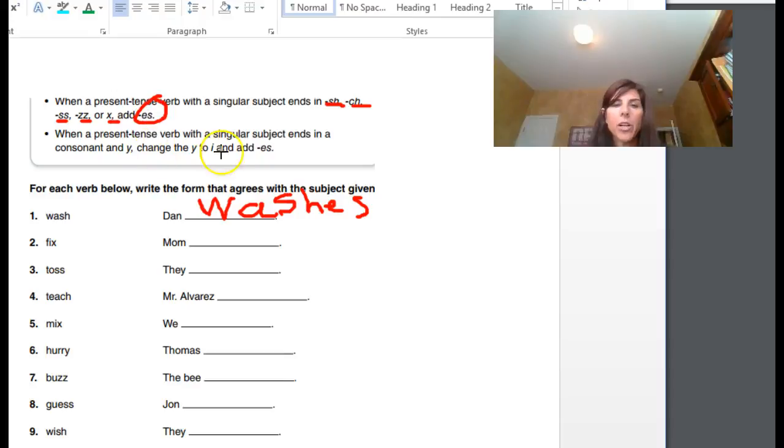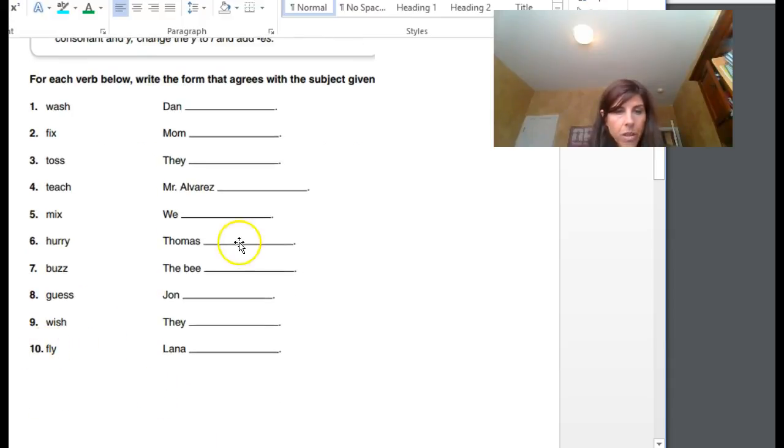But when a verb ends in a y, we've looked at these types of words before. You drop the y and add i-e-s, such as in the word, let me scroll down. Let's look at the word fly, for instance. So we would want to drop the y and add ies.